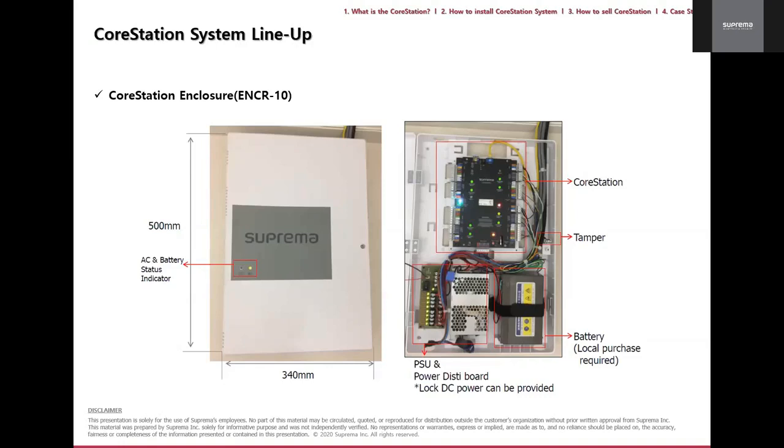The backup battery can definitely be purchased locally. It does come with a PSU and power distribution board. For the lock, DC power can be provided. It does have a tamper switch, so if anyone tampers with the CoreStation at all, you could definitely be alerted through our system. And there you have the CoreStation fully lit and connected via network, with all the wires coming in and out.